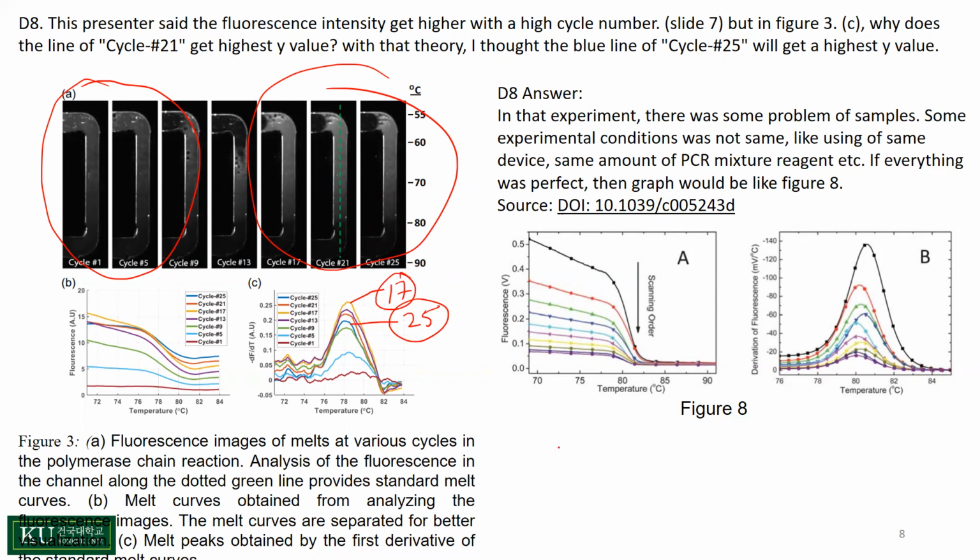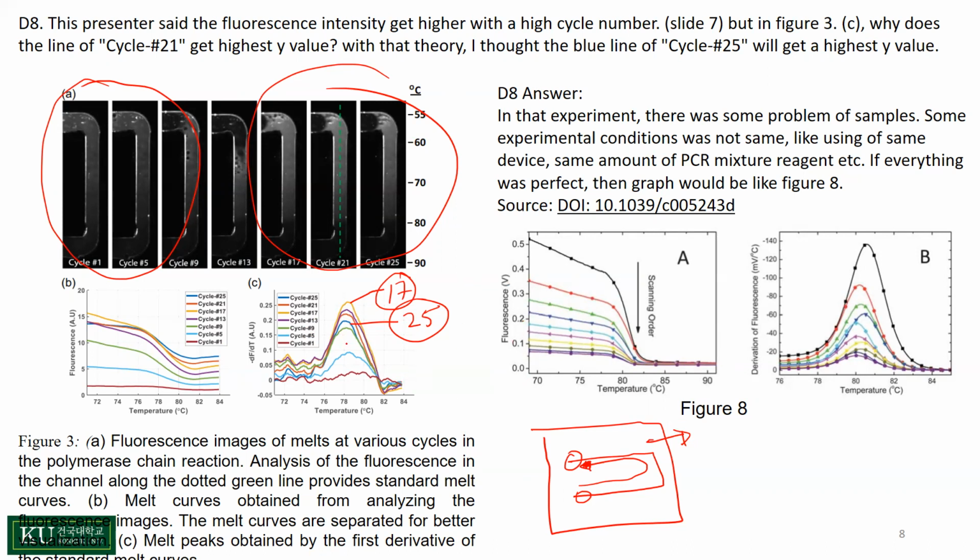We know that this is the PCR device. This is the channel. I think they did not finish the experiment with the same reagent. Maybe they did PCR cycling for, suppose, 1, 5, 9, 13 cycles with one device, and with another device they did more cycling, like 1, 5, 9, 13, 17 cycles, and maybe they used a different device or different reagent, so the initial conditions are not the same.